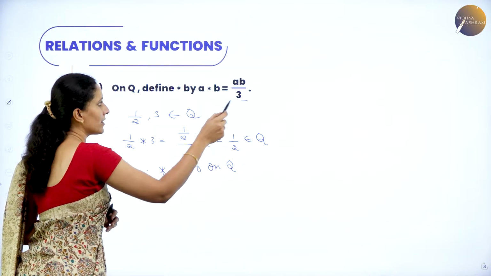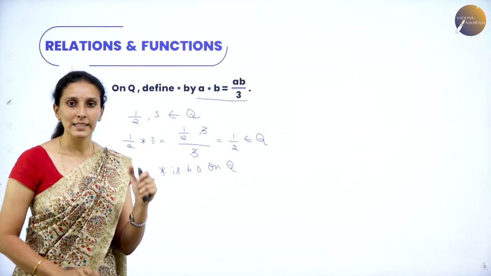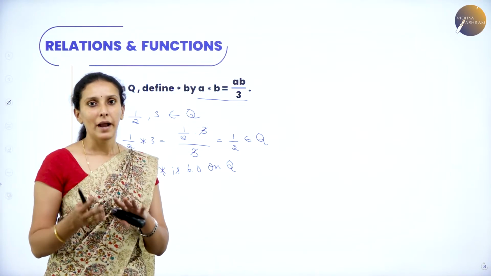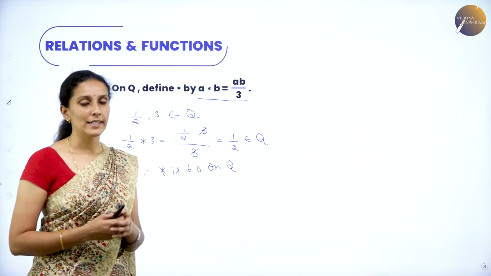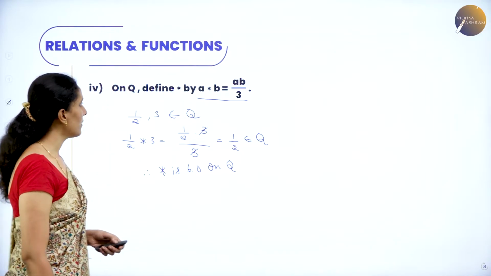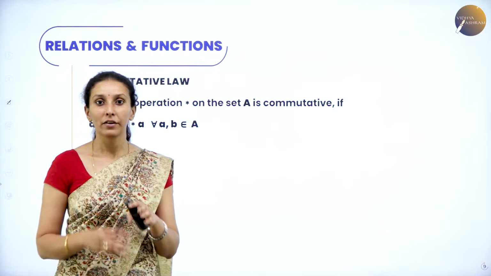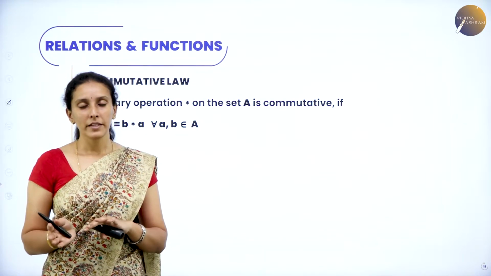So based on the binary operation defined and the given set, we can say whether star is a binary operation or not. So since binary operation is a function, we have certain laws, whether it satisfies or not. So let's see the first law, the commutative law. What does the commutative law say? The commutative law says a plus b is equal to b plus a, ab is equal to ba.